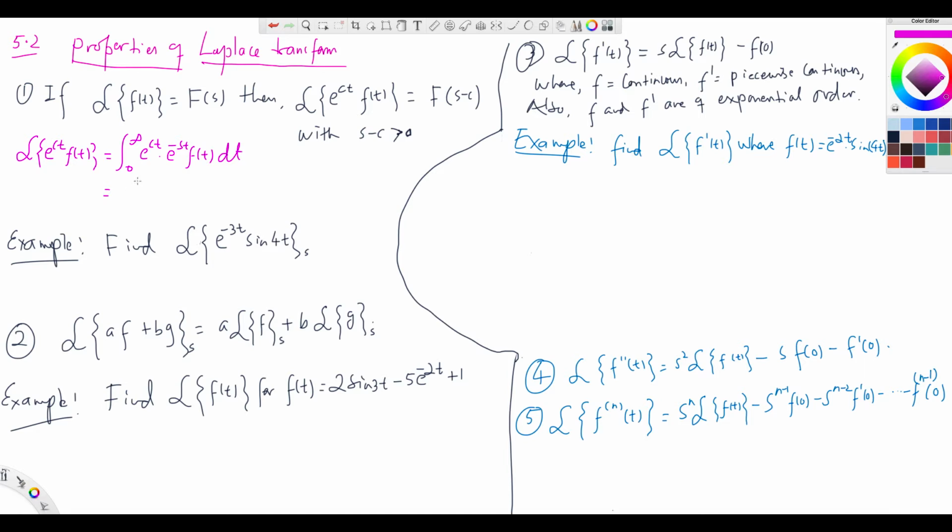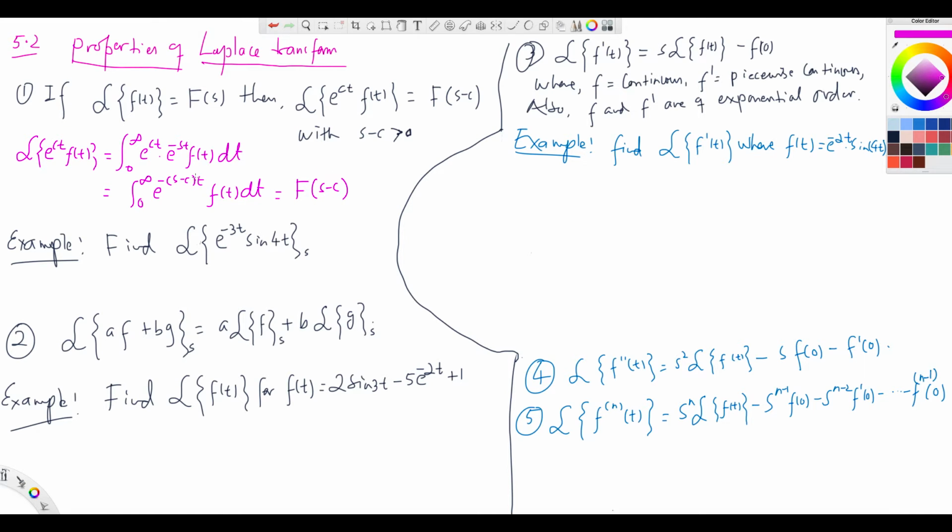So this becomes the integral from 0 to infinity of e to the negative (s minus c)t times f(t) dt. This is basically uppercase F of s minus c, because it is in the Laplace transform form: e to the negative alpha t f(t) dt gives F of alpha, so it is s minus c. I just followed the formula of the Laplace transform.